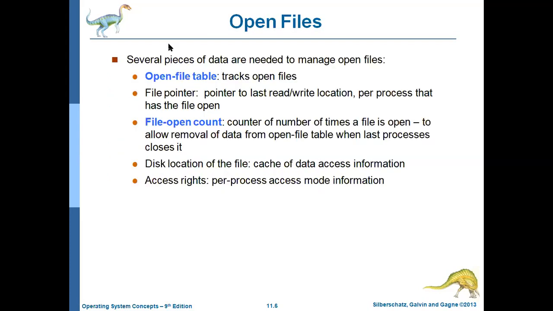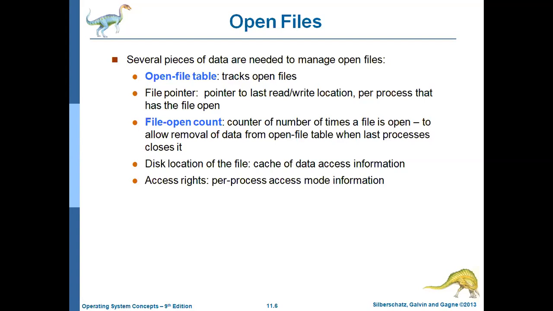Open file: several pieces of data are needed to manage open files. Every file is identified with a file pointer, a pointer to the last read or write location, per process that has the file open. Then the open file table, which holds your open files.